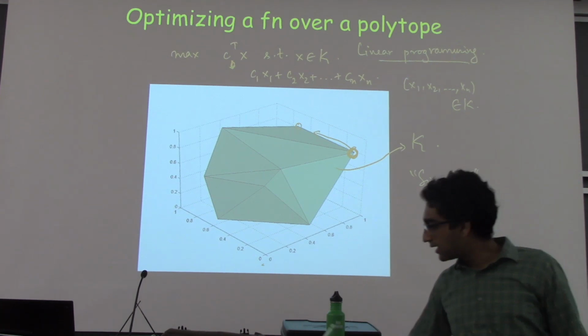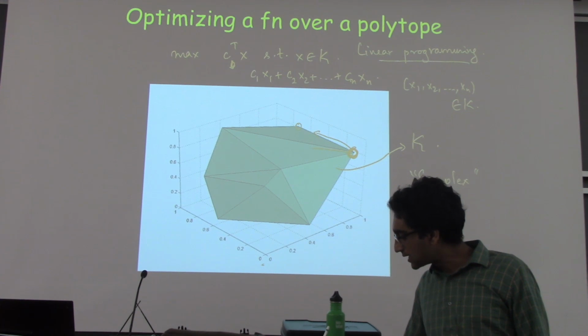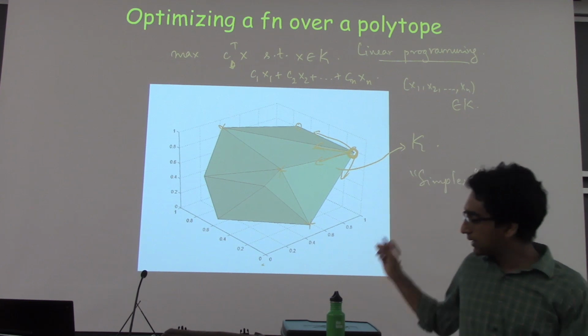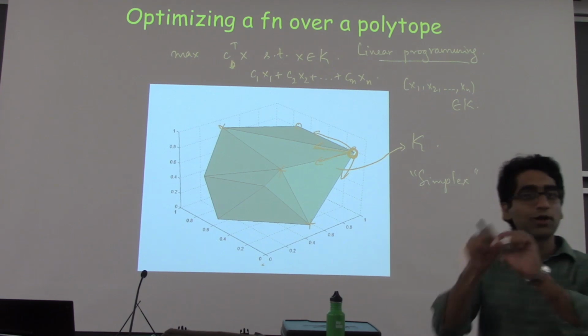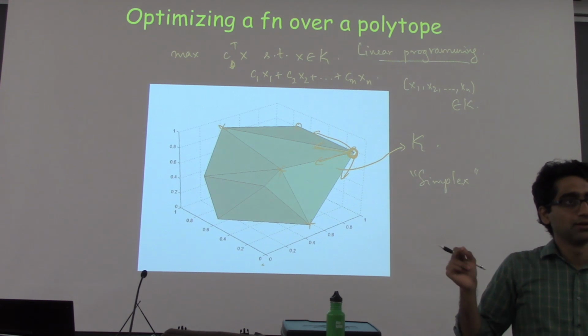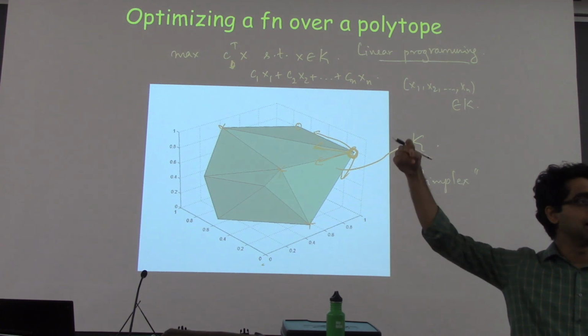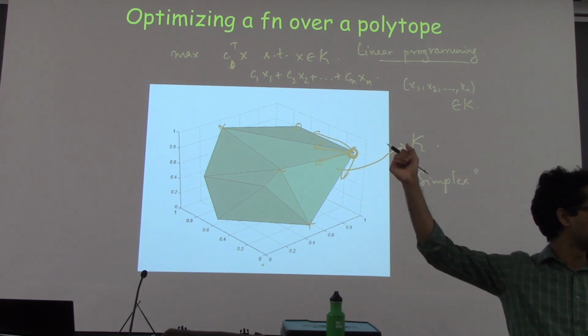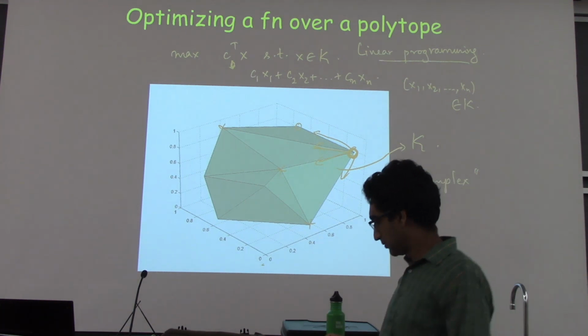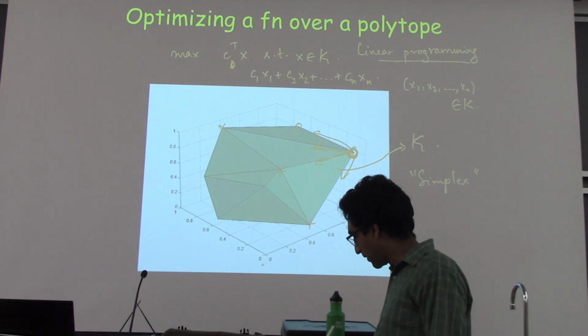At each step you look at all these directions. Maybe you could move here, you could move here, you could move here, and so on, and you just move along these edges. And you stop when you can't improve your objective anymore. So this is called the simplex algorithm.